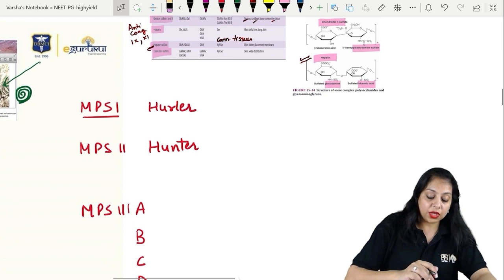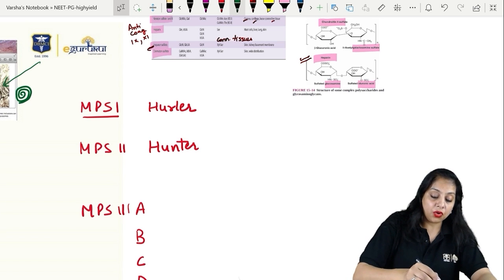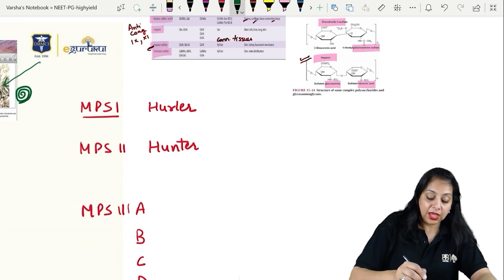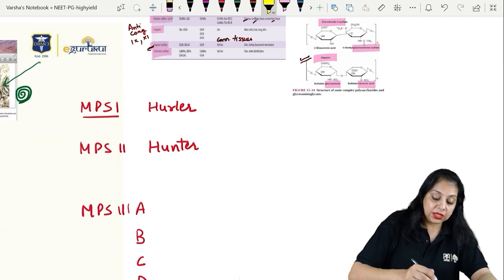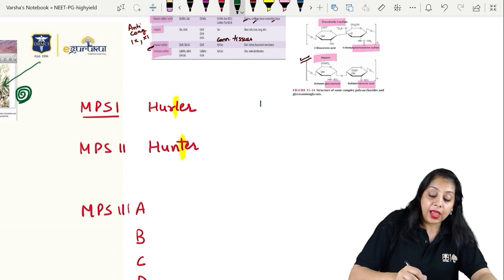So let's first focus on MPS 1, Hurler syndrome. Hurler is because of enzyme deficiency L. Just remember in this alphabet L, and in this remember T. That will make your life very, very easy. L stands for L-iduronidase, that is alpha-L-iduronidase.